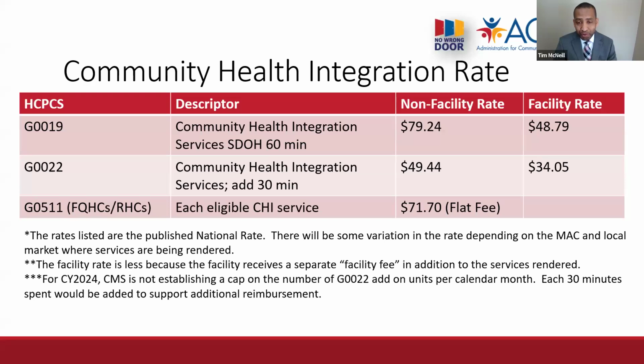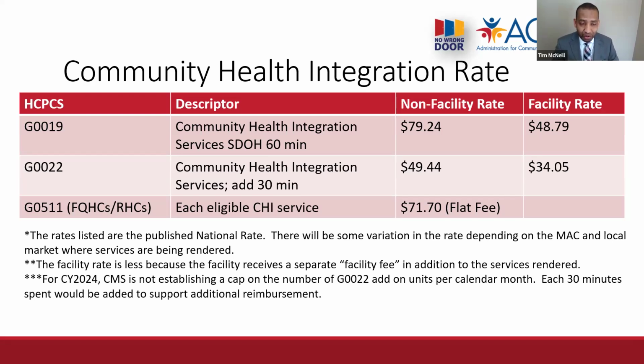These are the reimbursement rates. The rates listed are the national rate. There is some variance or modification based on your geographic location, but this just gives a framework to show how the reimbursement occurs. It is time-based billing, so the reimbursement occurs for the aggregate of time spent addressing social needs during a calendar month.